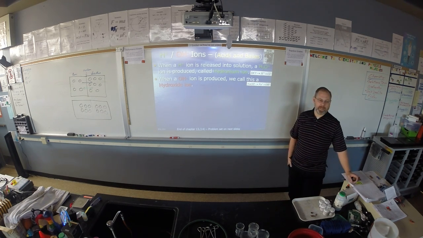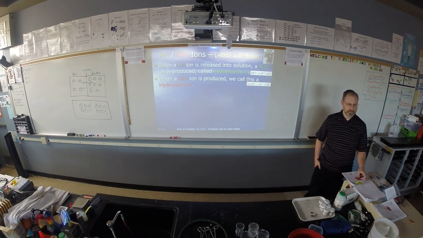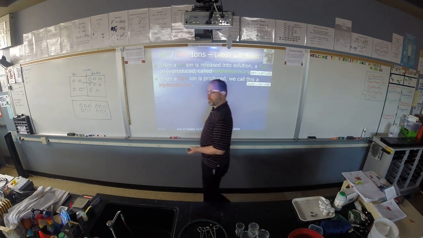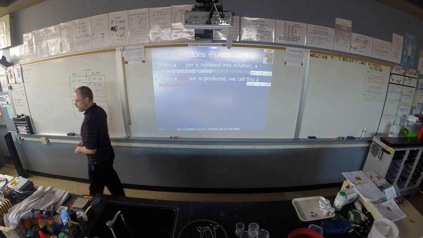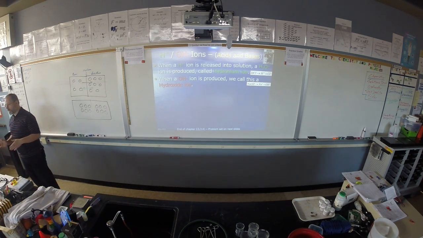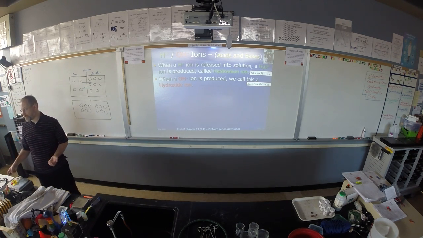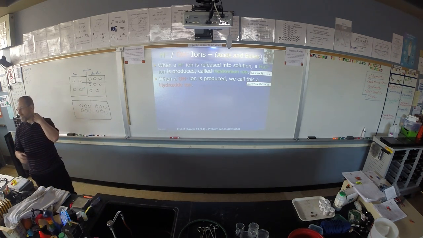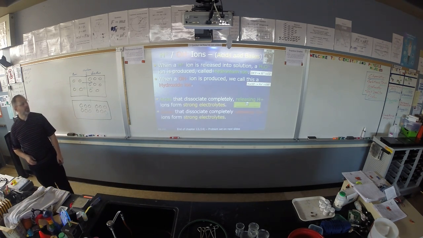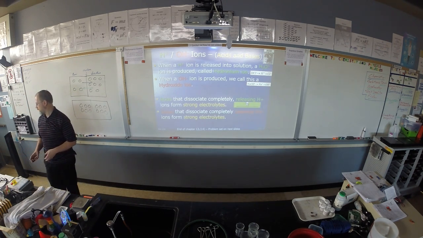And lastly, we talked about electrolytes earlier in the unit. We're almost done. You can test this tomorrow. Something can be a non-electrolyte when there's no ions, and it has to have ions to be an electrolyte. But one thing we kind of briefly mentioned in the lab is the difference between strong electrolytes and weak electrolytes.